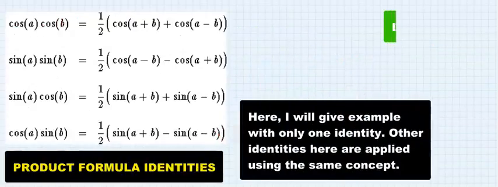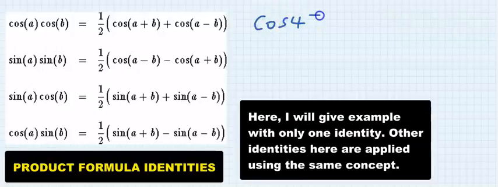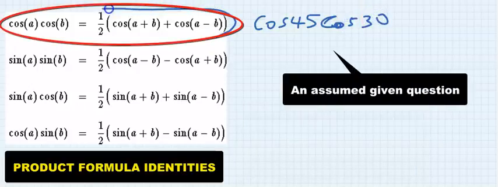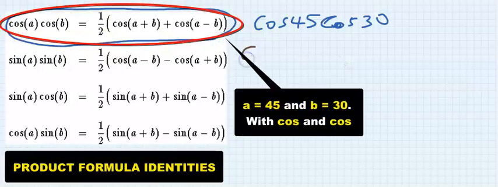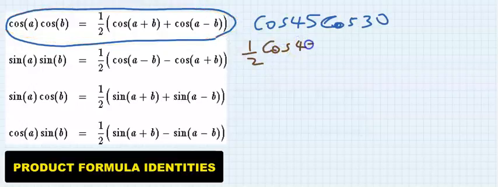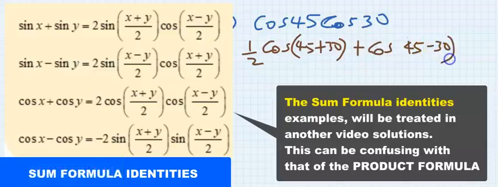For the product formula, if I have cos 45, maybe cos 30, then I should be thinking of using this identity, where I'm going to have 1 over 2, and cos 45 plus 30 in bracket, plus cos 45 minus 30 in bracket.